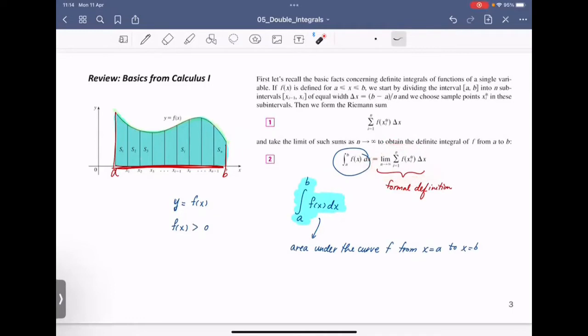But in real life, this is not what we use, because the Riemann sum is hard to use. You can see that you have to compute a summation, which you know you are not good at, series. And then you have to take a limit. This is not good. It's going to take too long. So we have the fundamental theorem of calculus.